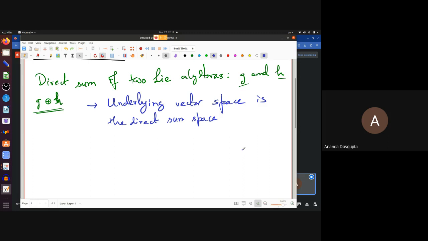So they're actually elements of the Cartesian product of the underlying sets. So you would have elements like this, where capital G belongs to small g and capital H belongs to small h. Remember, once again, you're using capital letters for the elements. So this is a typical element of the direct sum vector space.